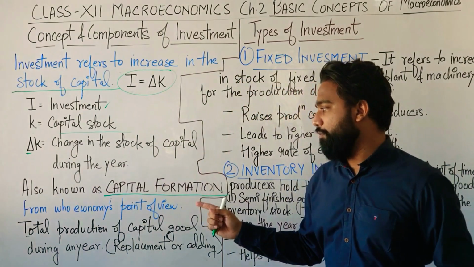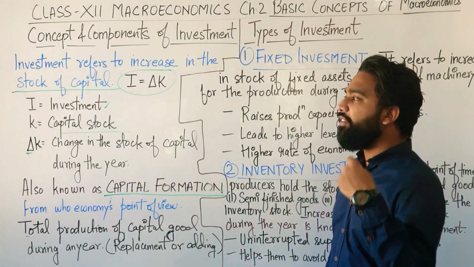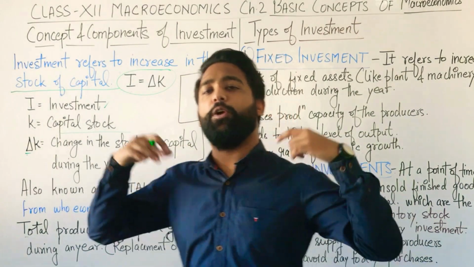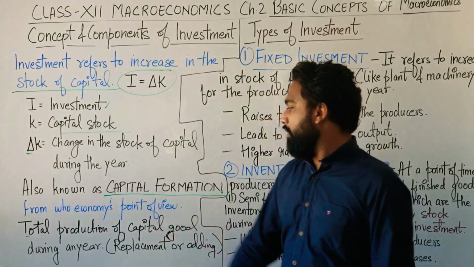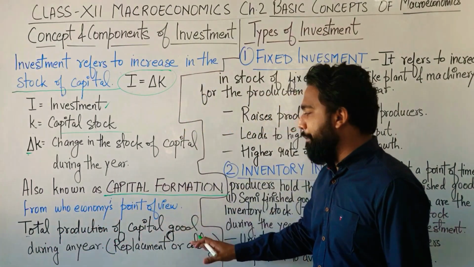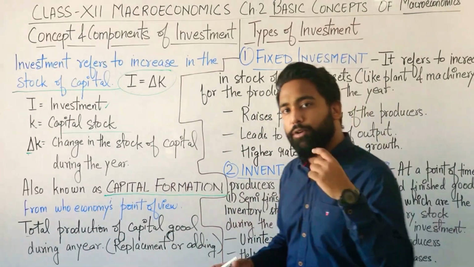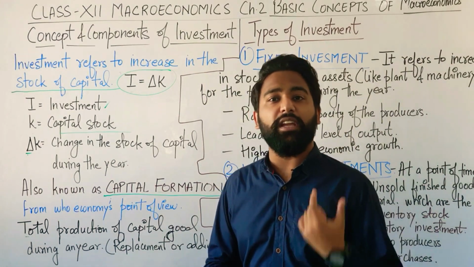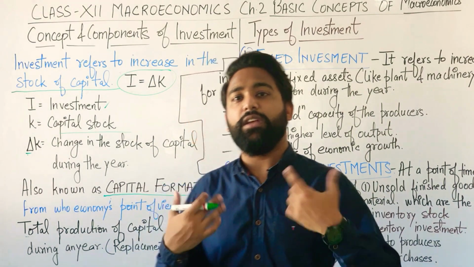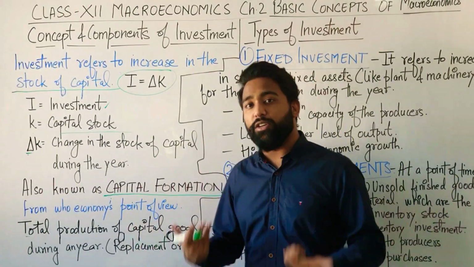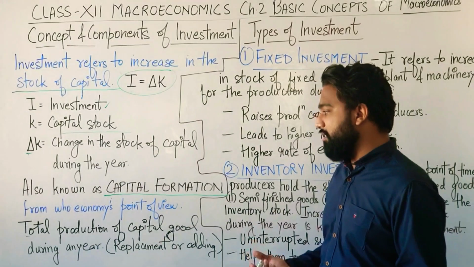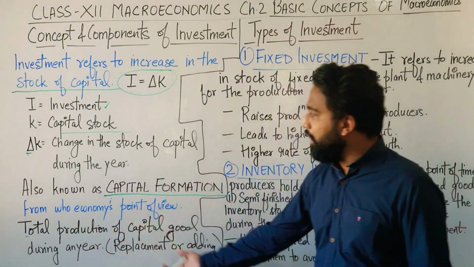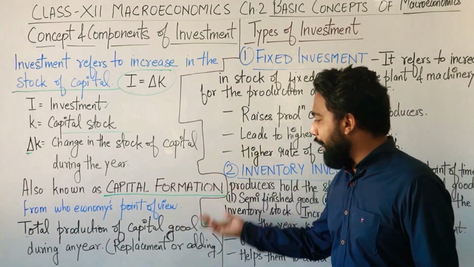Now, students, if we take investment from the whole economy's point of view, then total production of capital goods. What is capital good? Capital goods are the fixed assets which are used for the manufacturing of the goods, which gives us more earning. The heavy goods, the expensive things. Total production of capital goods during a year is called investment or capital formation.